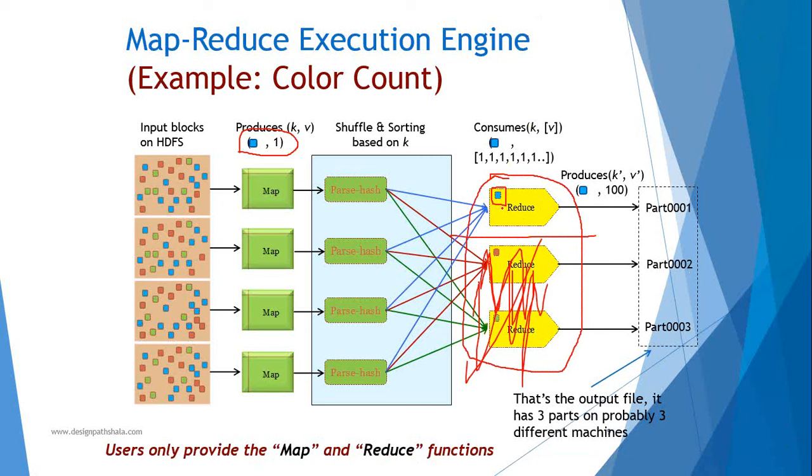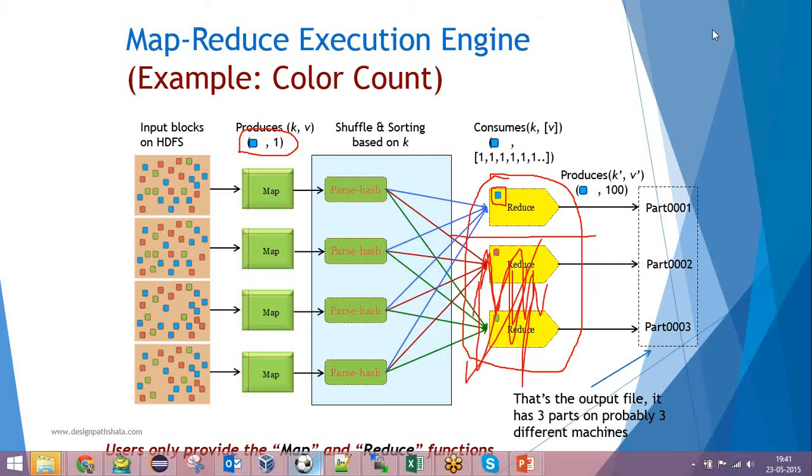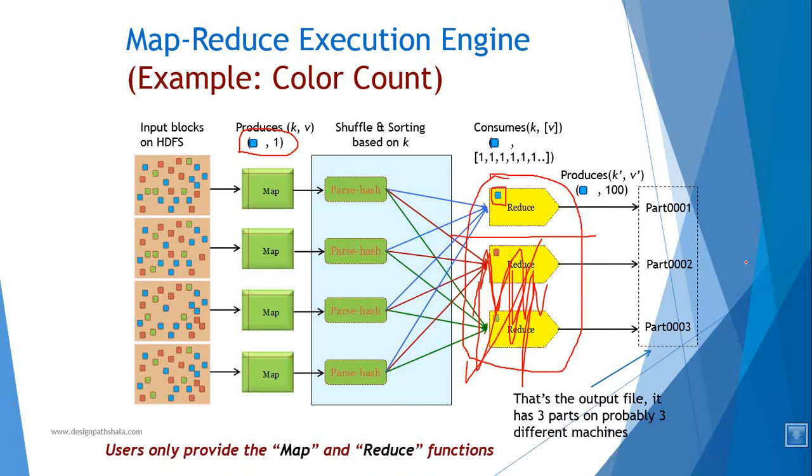But in that case, this reducer function would be called thrice: one time it will be summing up for blue, one time for brown, one time for green. So in that case, only one file will be outputted rather than three, because the number of files outputted on HDFS is always equivalent to the number of reducers. So there will be only one file, and this file will have all the counts: blue 100, green 200, and brown 500.